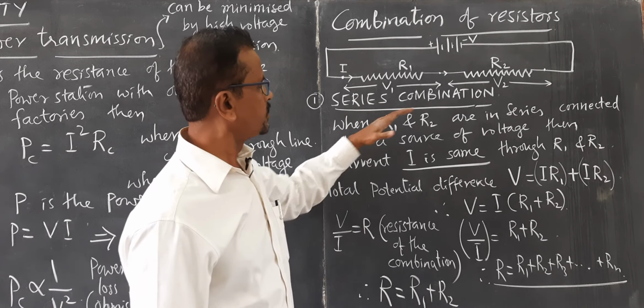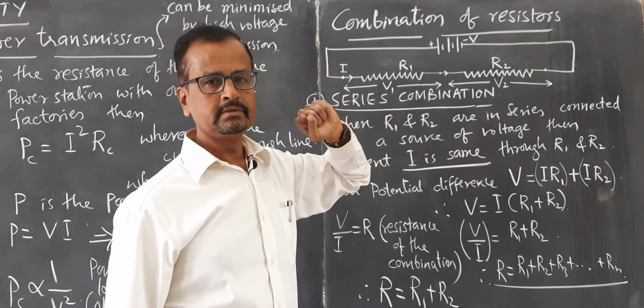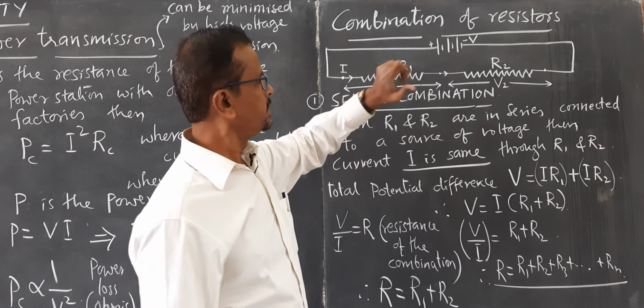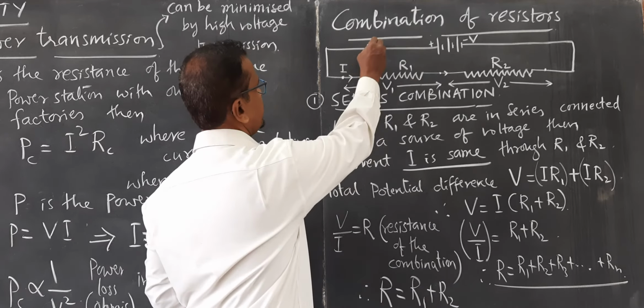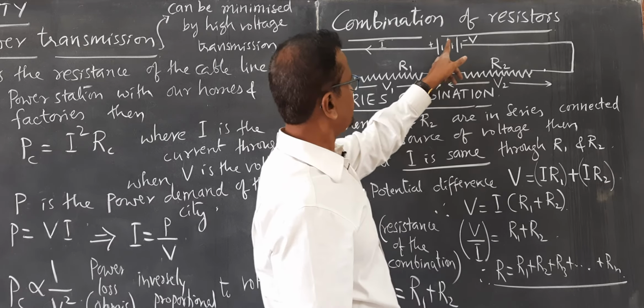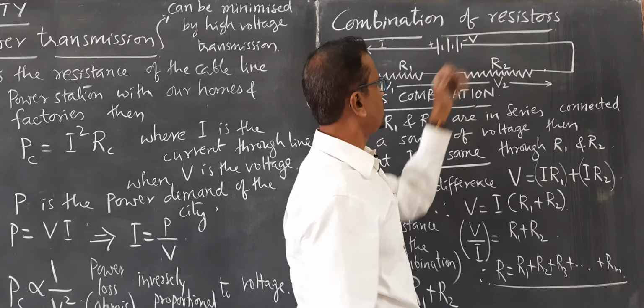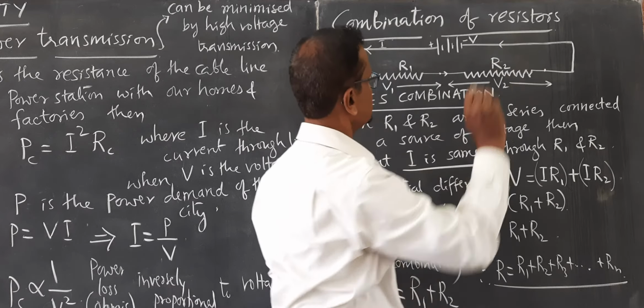When R1 and R2 are connected in series with a battery, then current I is the current that flows from the positive terminal of the battery through the resistors, and that's how the circuit is completed.